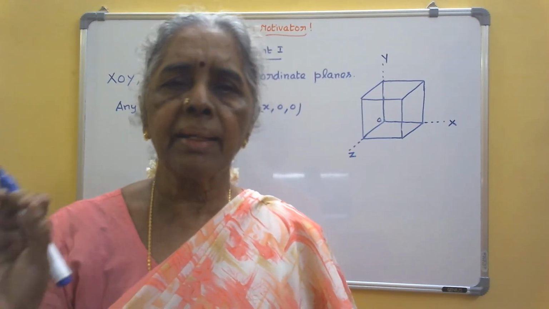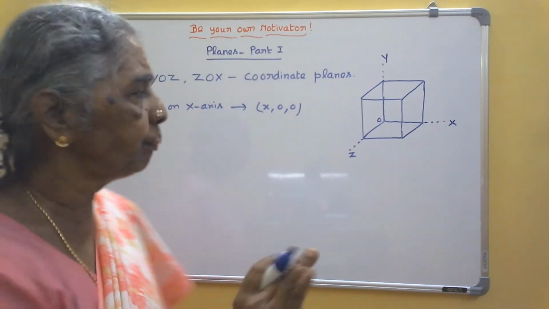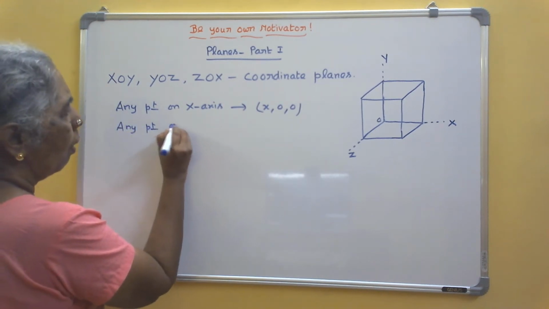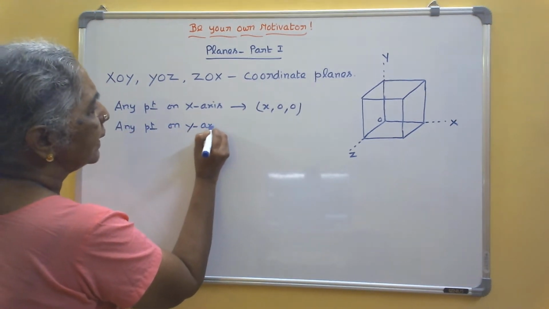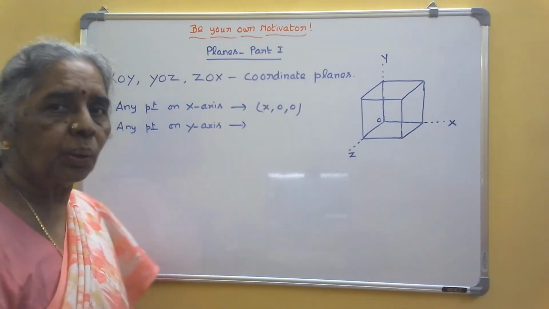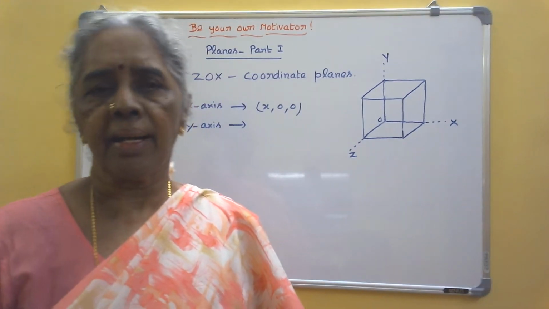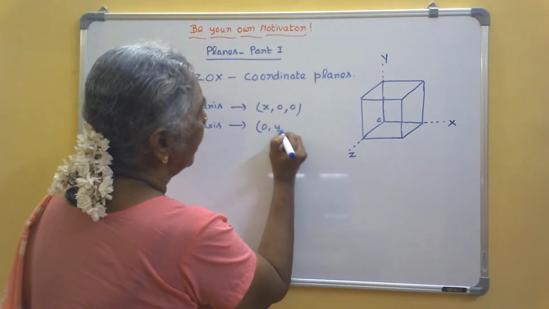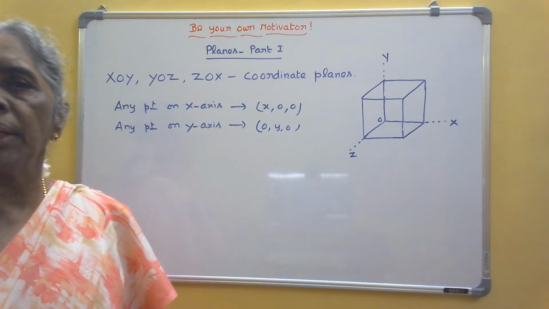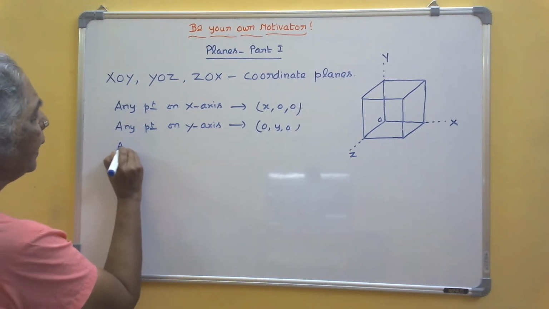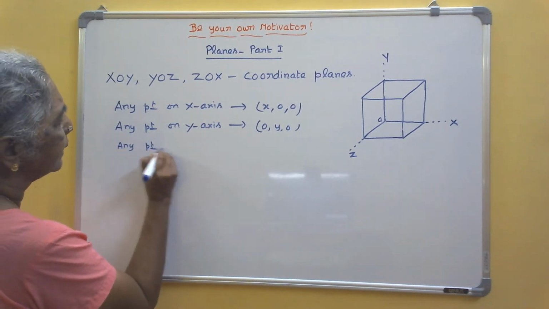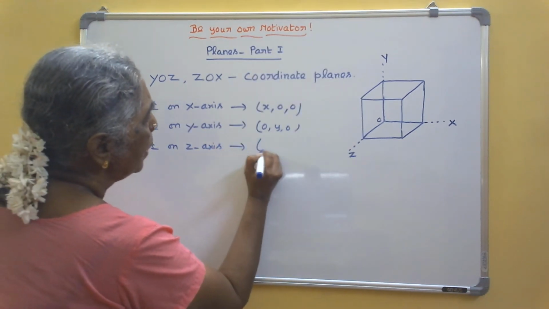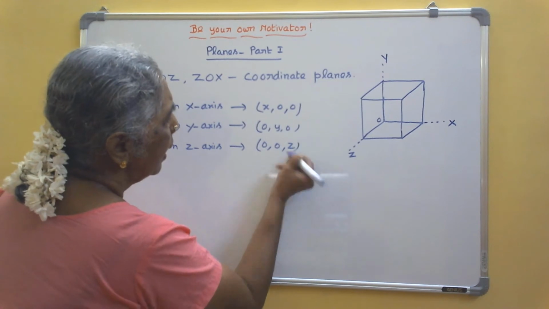The y and z coordinates will be 0. If you consider any point on y-axis, the x coordinate and z coordinate will be 0. So you can say it is 0 comma y comma 0. Any point on the z-axis, the x and y coordinates will be 0 and z.